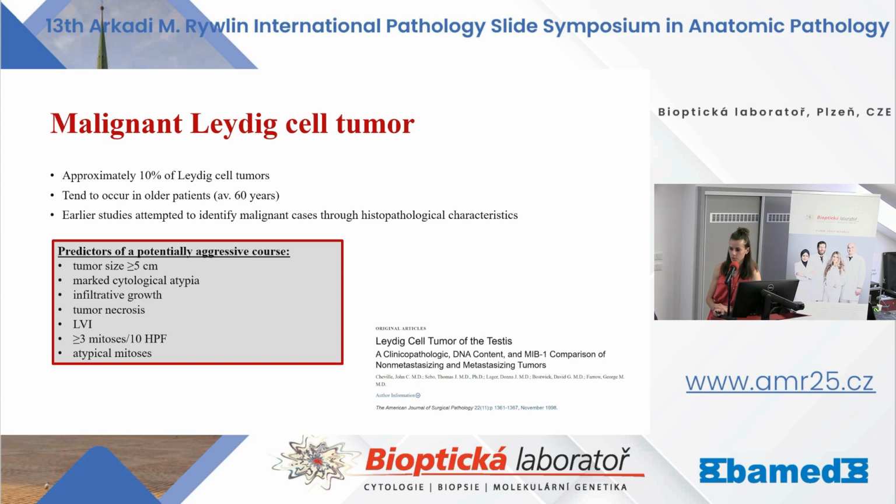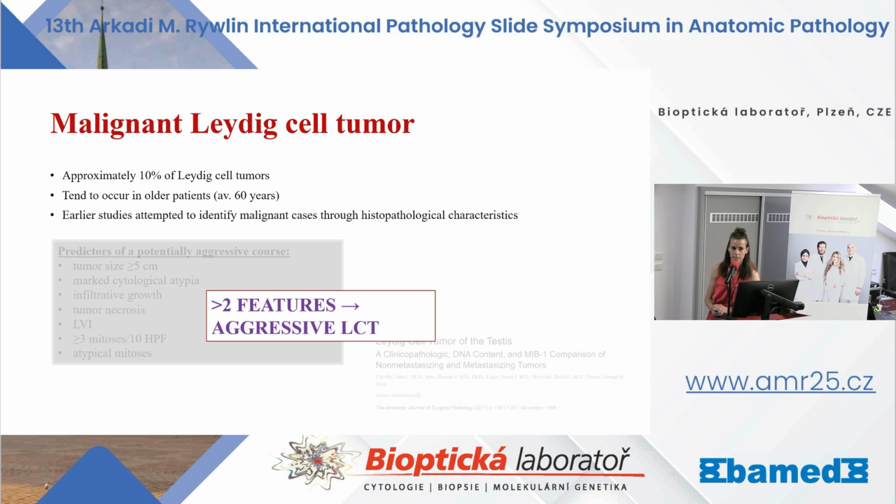So it is a large tumor size, more than 5 centimeters, presence of marked cytological atypia, presence of infiltrative growth, tumor necrosis, lymphovascular invasion, mitotic activity more than 3 mitoses per 10 high power fields, and the presence of atypical mitoses.